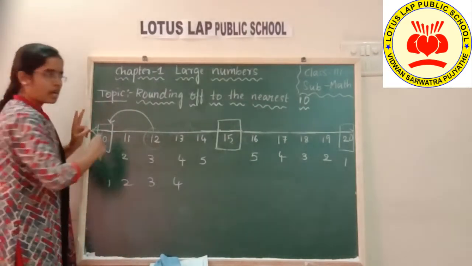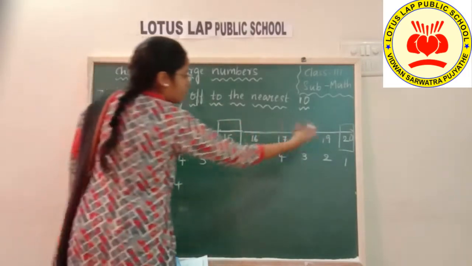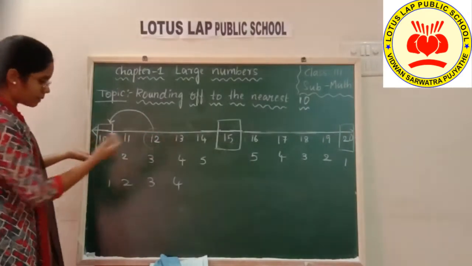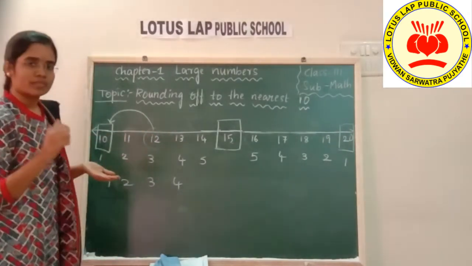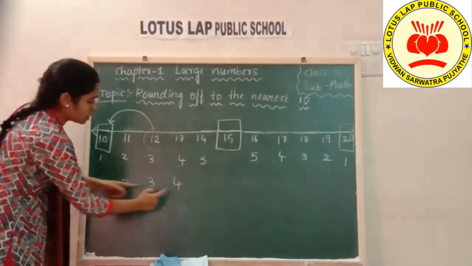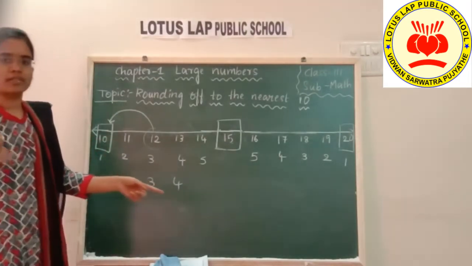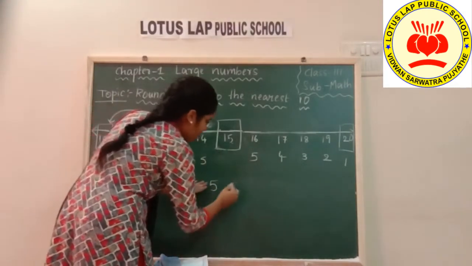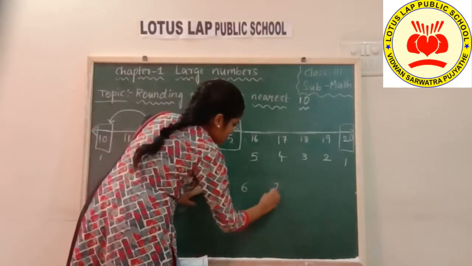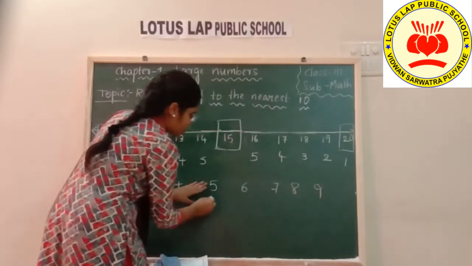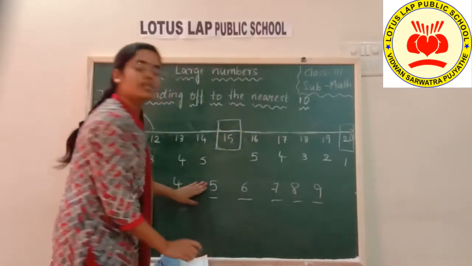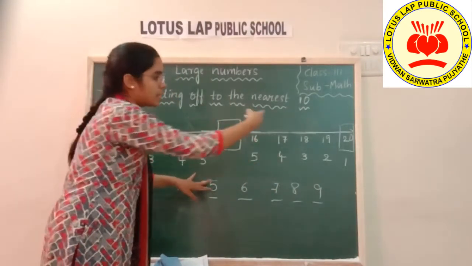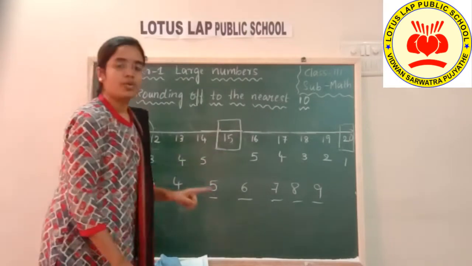One is the before one and the next tens value is going to be above on the number line. So based upon the value, you need to round the number. For 1, 2, 3, 4 values, you need to round off to the down tens value, and for 5 and above values, that means 5, 6, 7, 8 and 9, if these digits are in the ones place of that number, you need to round it off to the next, that means up tens value. This is how you need to round the numbers.